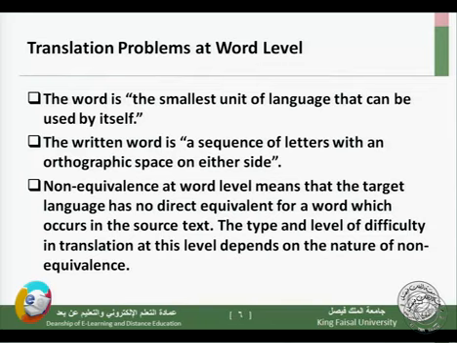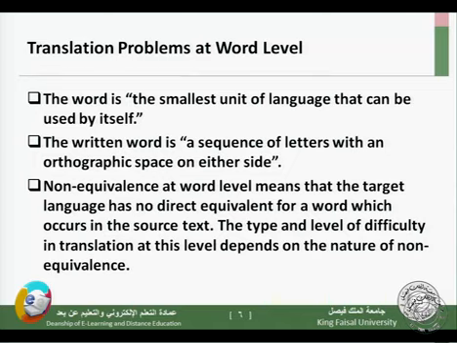No. Does an-naqa in Arabic have a direct equivalent? I don't want to explain it, to say female camel and so on. I want to say, does it have a direct equivalent? No, it doesn't. This is what we mean by non-equivalence at word level.